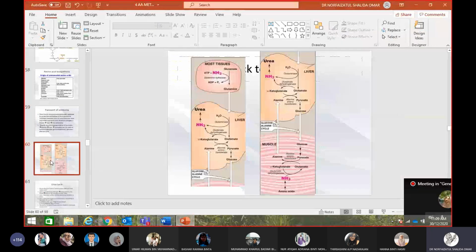Mainly through this one, you can see. From most tissues, what is the reaction?